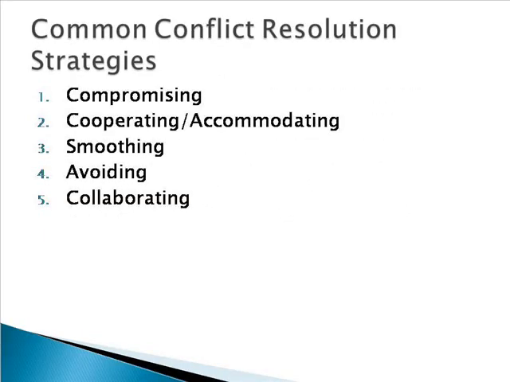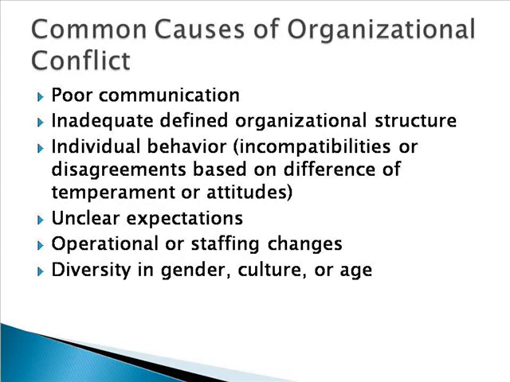Common conflict resolution strategies include compromising, cooperating, accommodating, smoothing, avoiding, and collaborating. Common causes of organizational conflict include poor communication, inadequately defined organizational structure, individual behavior, incompatibilities or disagreements based on differences of temperament or attitudes, unclear expectations, operational or staffing changes, and diversity in gender, culture, or age.